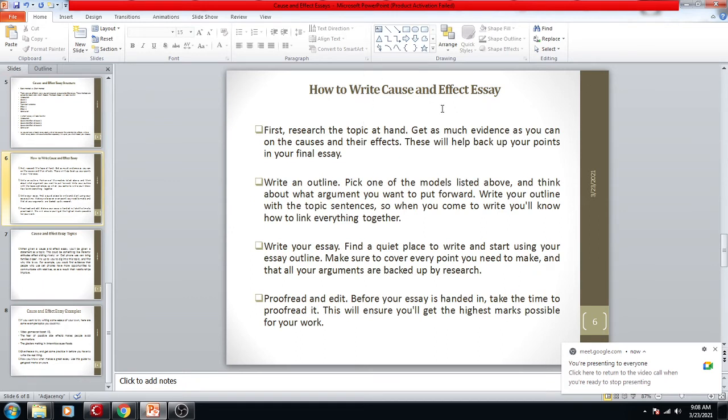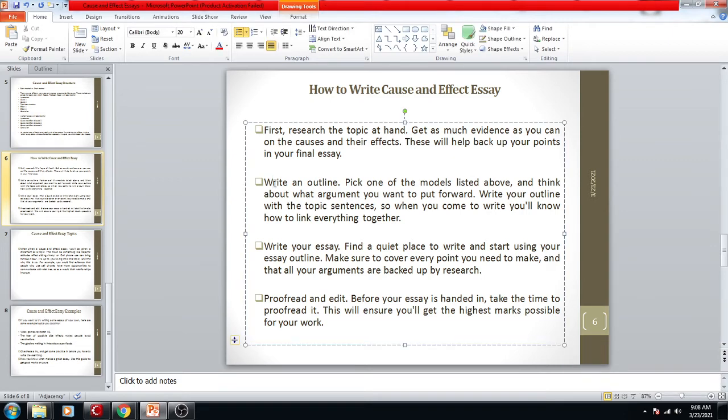How to write a cause and effect essay. First, research the topic at hand. Get as much evidence as you can on the causes and their effects. These will help back up your points in your final essay. Next, after you brainstorm and have enough information, write an outline.